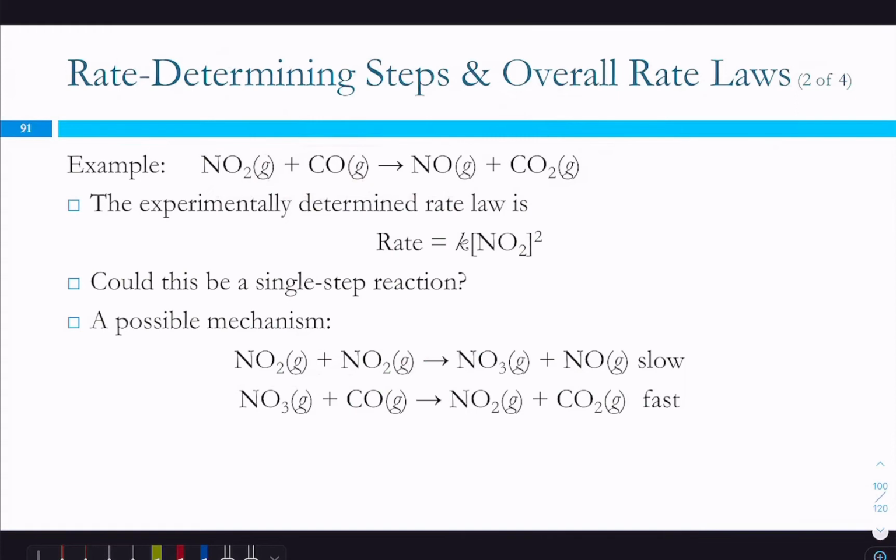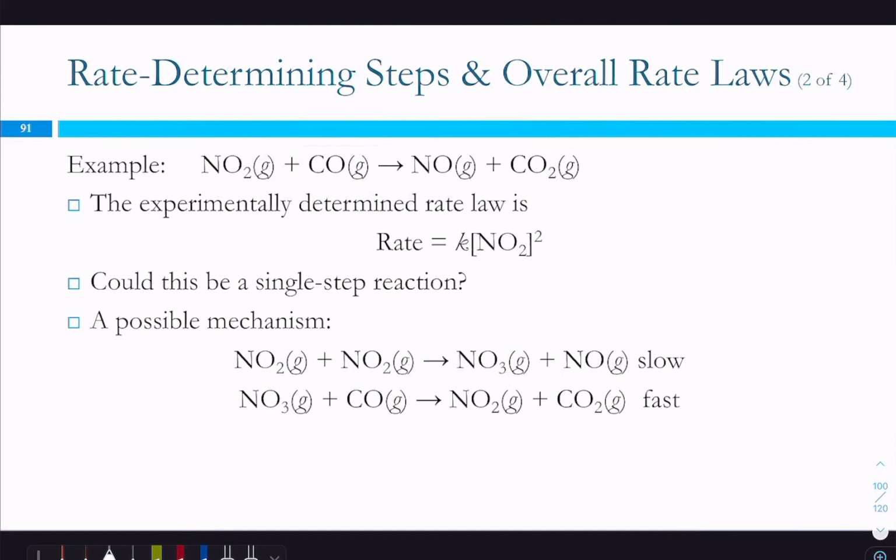So nitrogen dioxide is reacting with nitrogen dioxide, and we're getting nitrogen trioxide and nitrogen monoxide. Then in a second step, the nitrogen trioxide reacts with carbon monoxide to give us nitrogen dioxide and carbon dioxide.